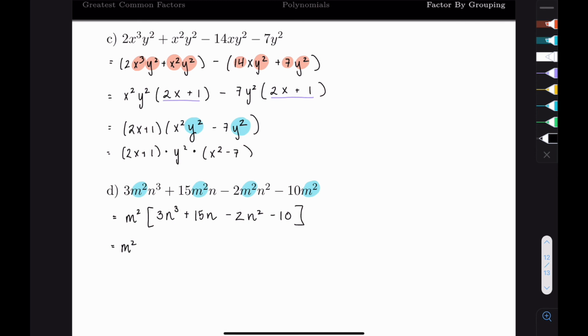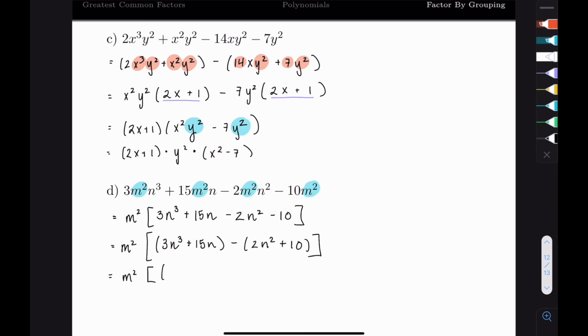So I'm going to group my first two, and unfortunately this does leave us with lots of parentheses because that m squared has to be distributed to everything. So our first grouping is just going to be the first two terms. I'm going to take out that minus sign to leave us with 2n squared plus 10. Okay. And then I'm going to even show, we're going to break this down a little bit more.